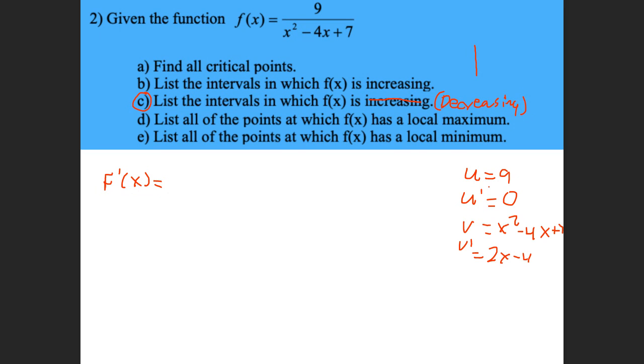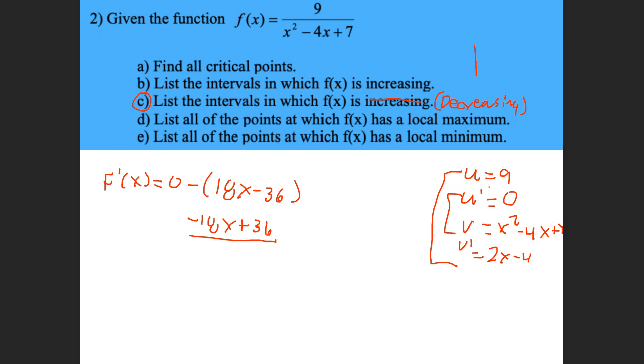So, quotient rule. Well, 0 times anything is 0, so that's going to be 0. So I've got 0 minus outside, so that's going to be 9 times 2x minus 4, so that's going to be 18x minus 36. But that's a minus sign. So that's going to be negative 18x plus 36 over bottom squared.